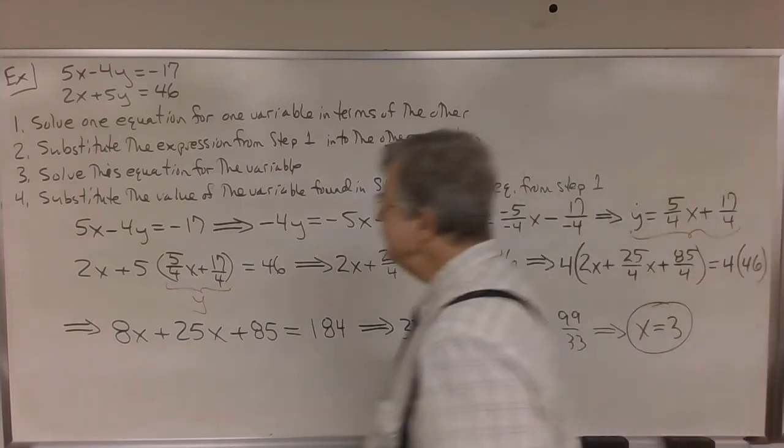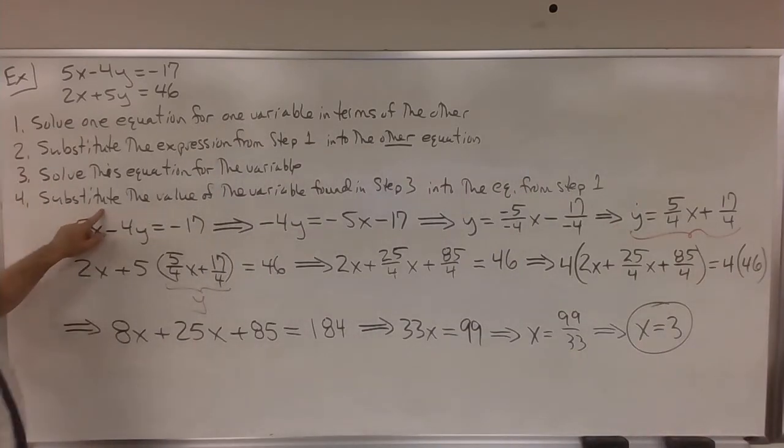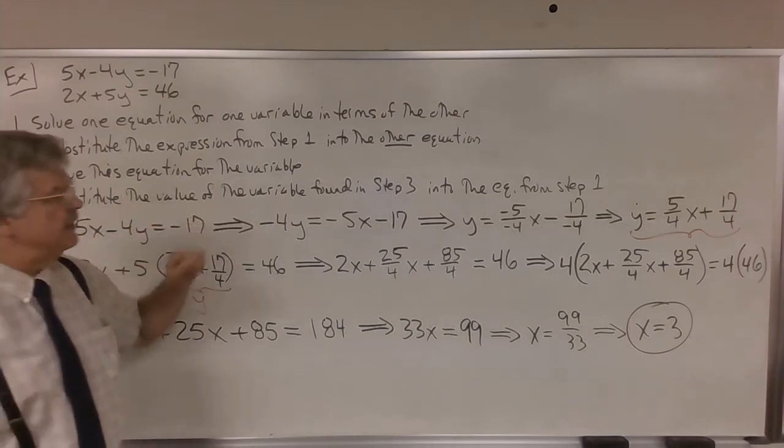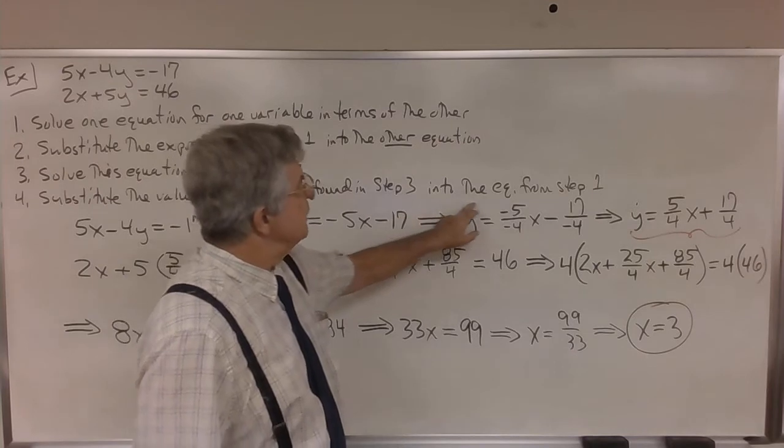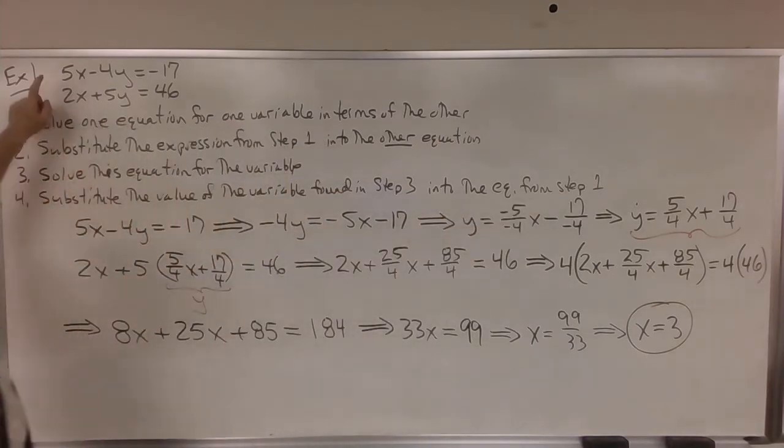My remaining step: substitute the value of the variable found in step 3, that's this guy, into the equation from step 1. So put it into this equation, 5x minus 4y equals 17.